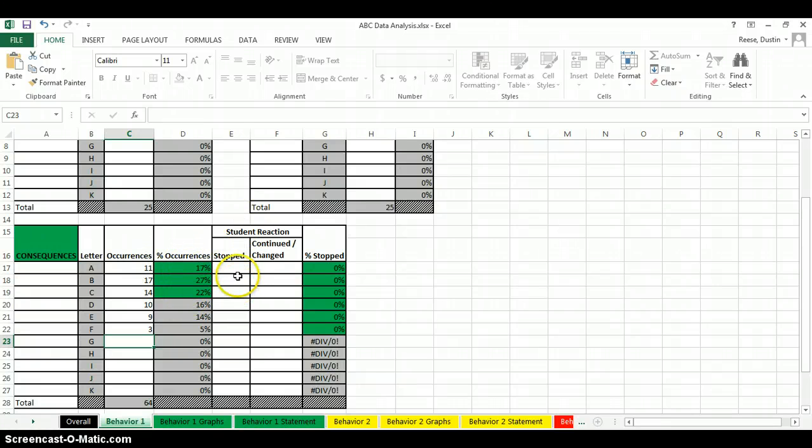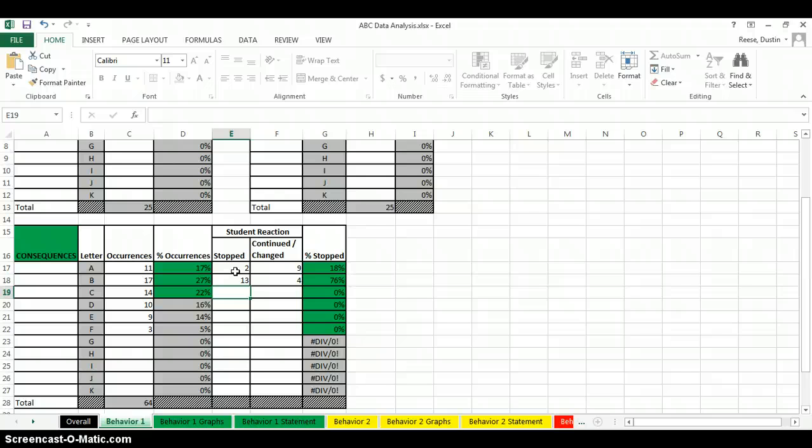The next part you're going to do is to record out of those occurrences how many times did the behavior stop and how many times did it continue or change. So in consequence A, it occurred 11 times. So let's say, for example, it stopped at 2 times, but the behavior continued 9 times. For consequence B, it stopped at 13 times, but the behavior continued 4 times.